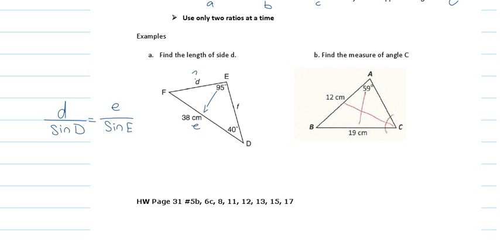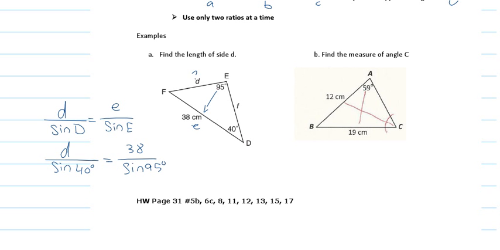Now let's put in the numbers. So I don't know what D is, so I'm gonna keep it there. Sine angle D is 40 degrees, equal to 38 over sine 95. Any question about this part? Plugging in. We're good?